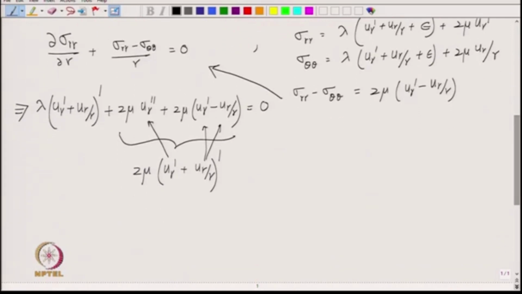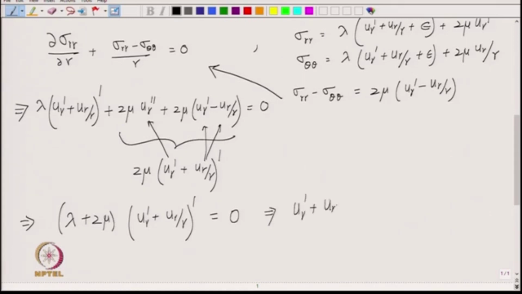So, finally, this means we have (lambda plus 2 mu) into (u_r' plus u_r by r)' equal to 0. Well, that means u_r' plus u_r by r is actually a constant c.